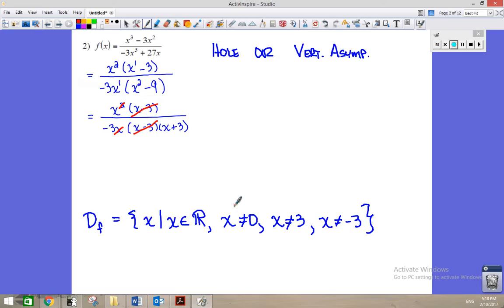So this 0 that was thrown out of the domain, because it had a common factor in each numerator and denominator, we say that it's going to create a hole in the graph. This x minus 3, and remember 3 minus 3 gave us 0, at x equals 3 it's going to have a hole in the graph.